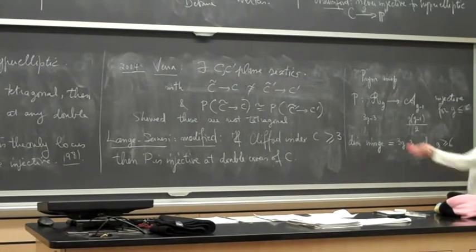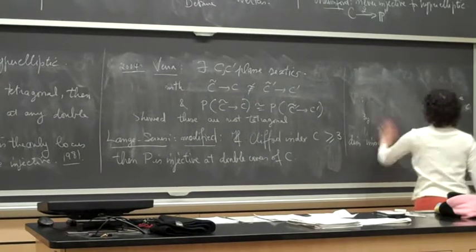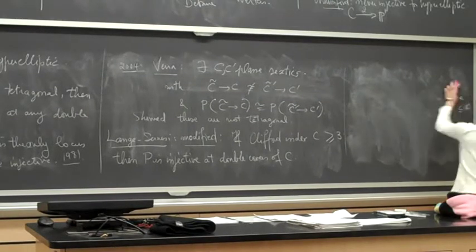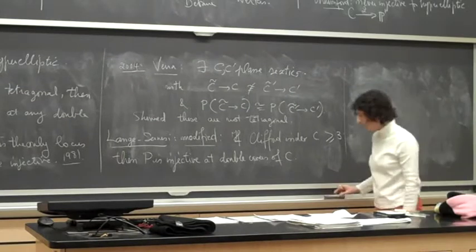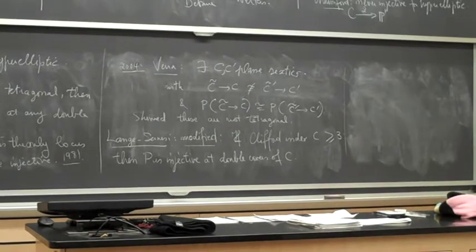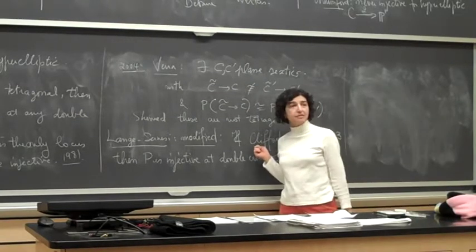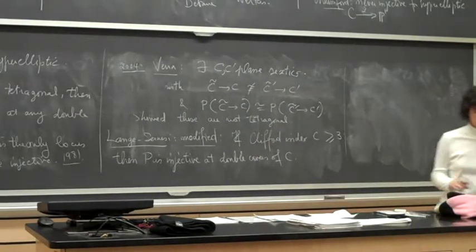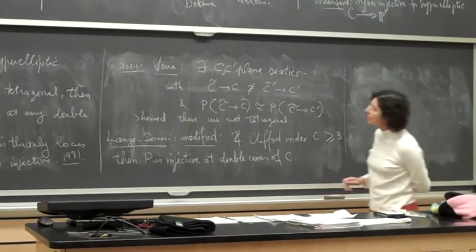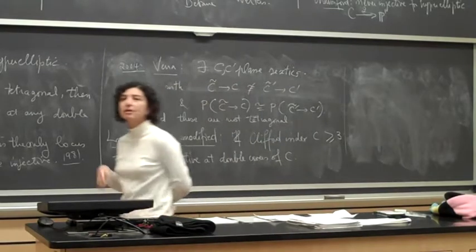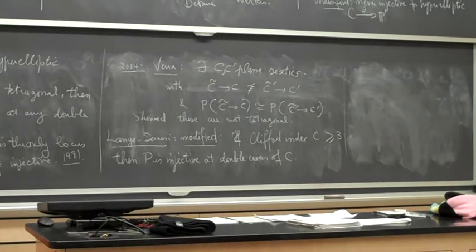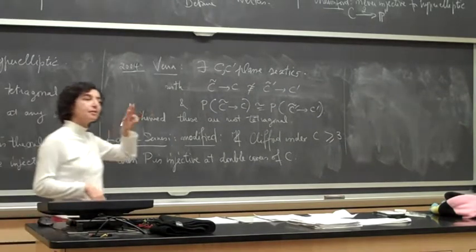Okay, so now what does this mean? The Clifford index is a nice invariant which people came up with because they were trying to look for something that was nicer than what people call the gonality. The gonality is, if you have, for instance, a hyperelliptic curve, the gonality is 2. That means there's a map of degree 2 to P1. If you have a trigonal curve, there's a map of degree 3 to P1. The gonality is 3.